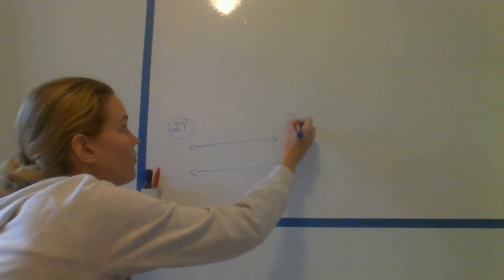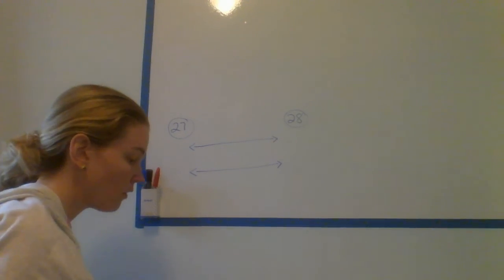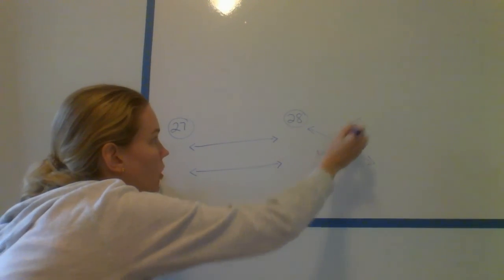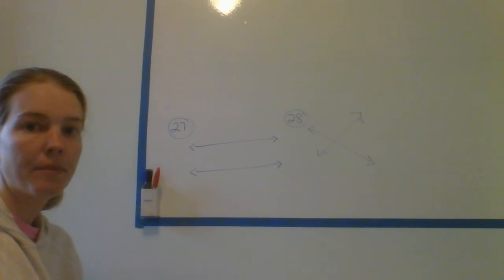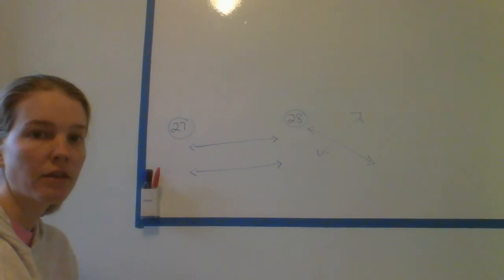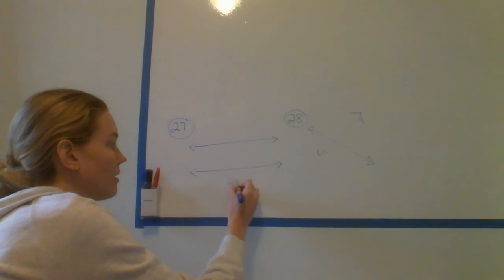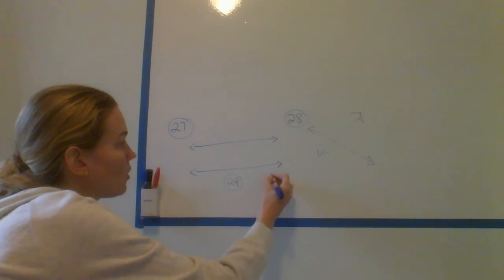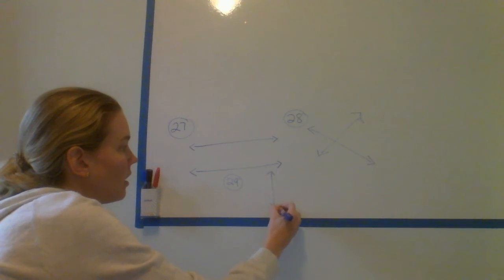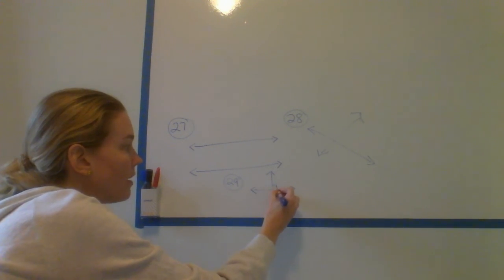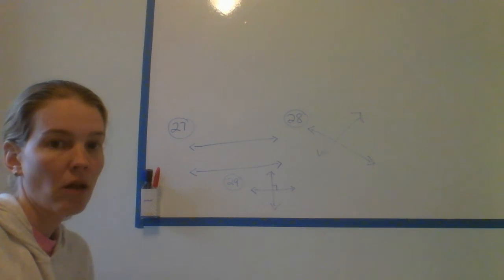If you're doing number 28, which is intersecting lines, those are a little bit different. They actually intersect. So it could look like that. They form some sort of X somewhere. That's called intersecting lines. And number 29 is a perpendicular line. Perpendicular lines also intersect, but they form a right angle.